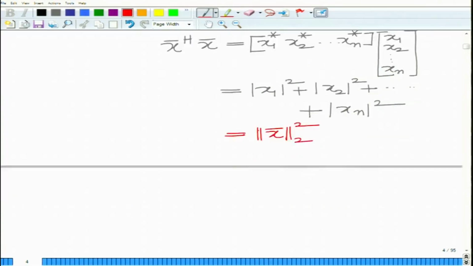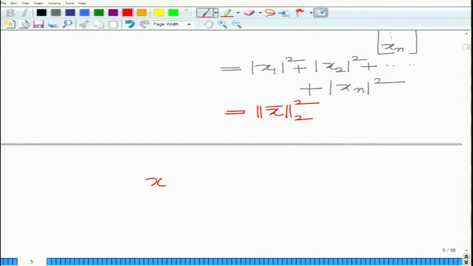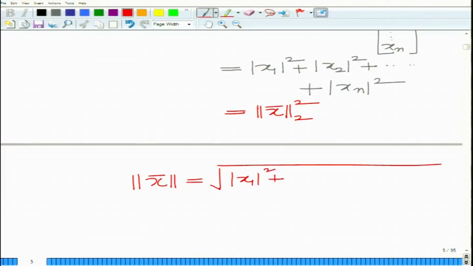And therefore, once again now you see that in this case the norm for complex vector x bar, this is square root of magnitude x1 square plus magnitude x2 square plus magnitude xn square, that is where we have replaced xi square with magnitude xi square. In fact, this is a general definition, that is magnitude x1 square, magnitude x2 square, plus magnitude xn square, and square root of that quantity.